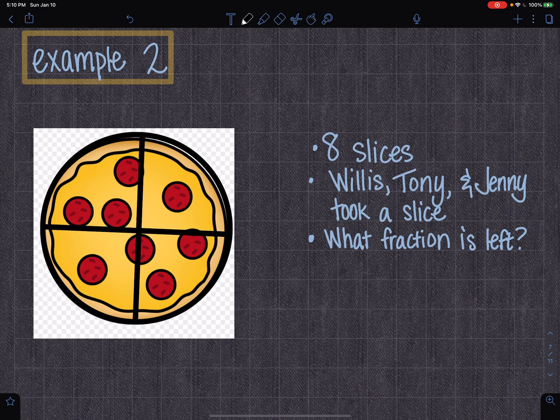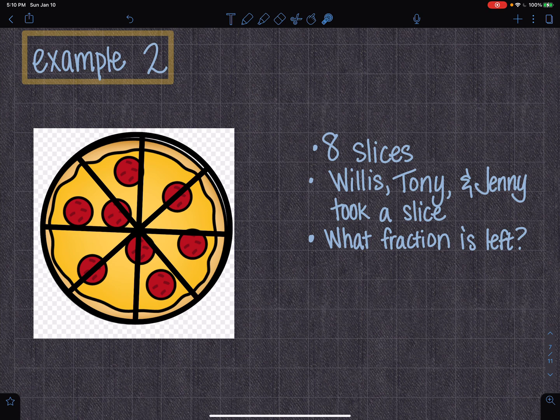Now it's in 4 pieces, but I want it in 8 pieces. So I'm going to cut each piece in half again. Whoops, I wanted that to be straight. There we go. Let's double check. 1, 2, 3, 4, 5, 6, 7, 8. Yay, I did it. So it's cut into 8 slices.